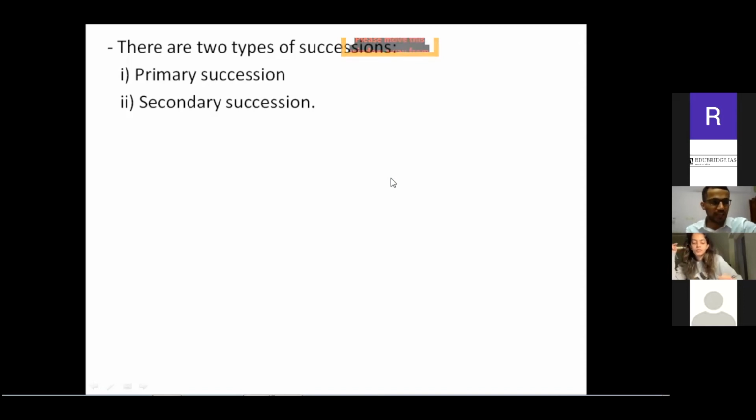Fine. So can you please tell me, can we say that secondary succession will be faster than primary succession? Can we say that? Yes, we can. Why? Because primary succession occurs on a lifeless habitat. A barren habitat is there, and that barren habitat needs to be made suitable for living, and that takes time.